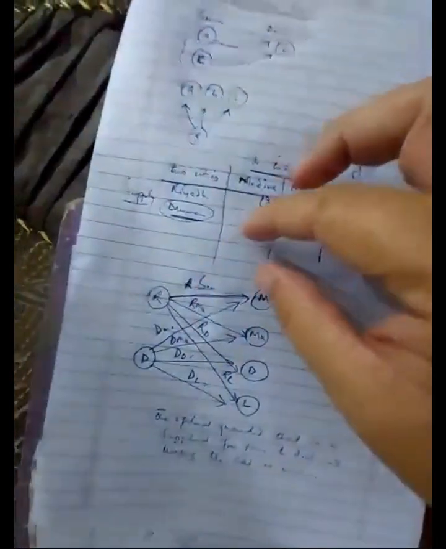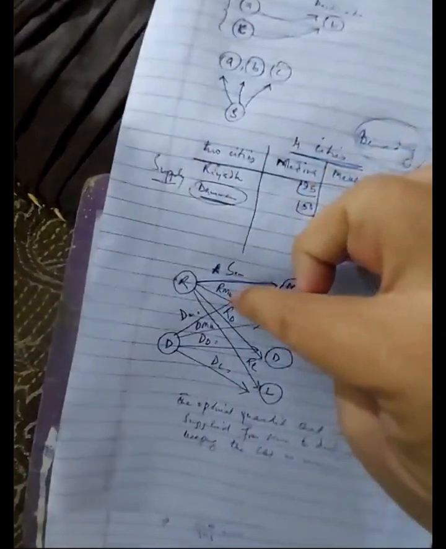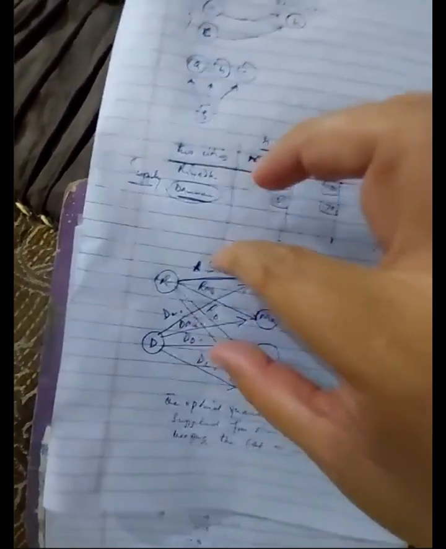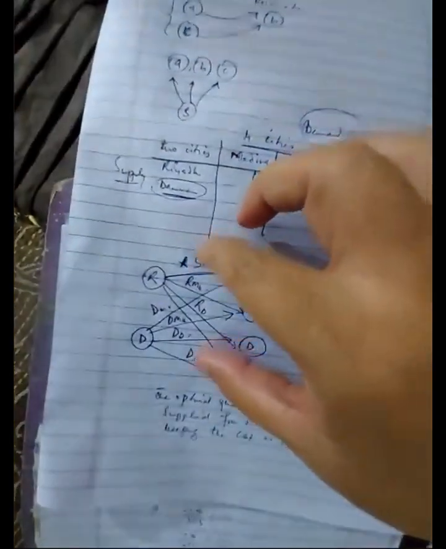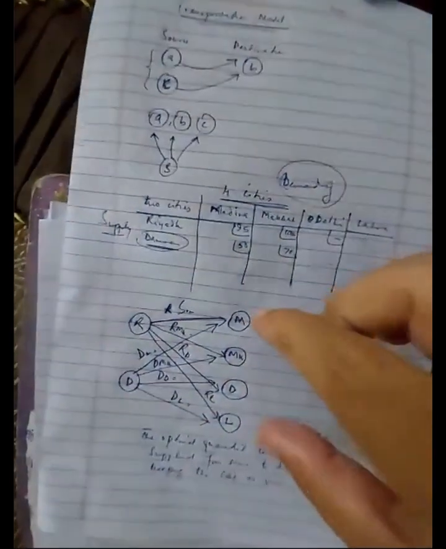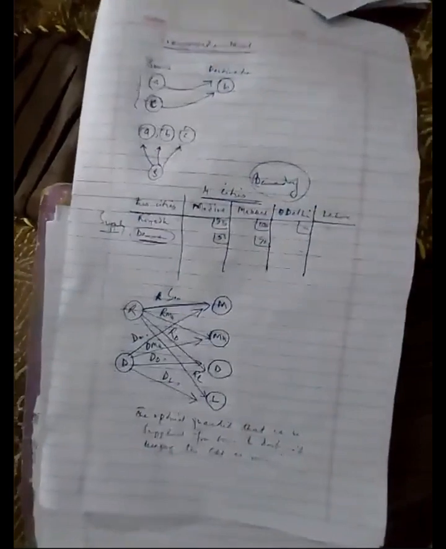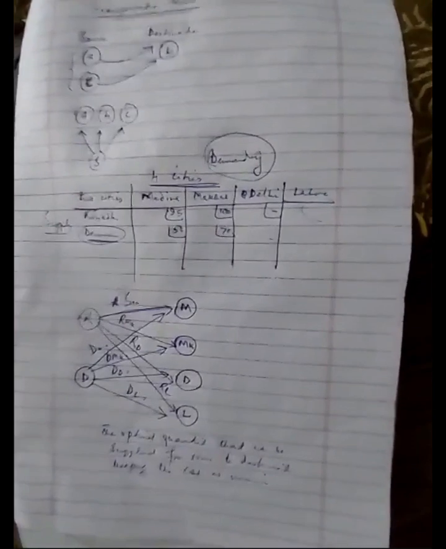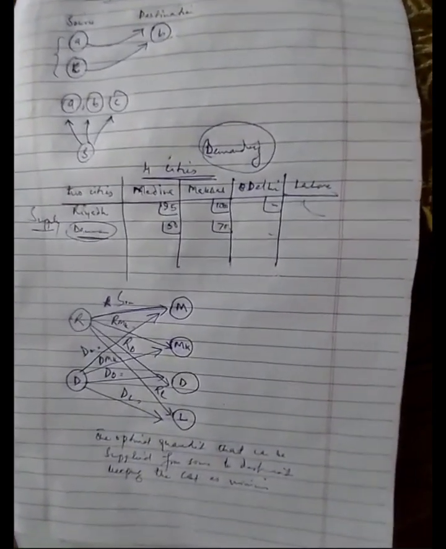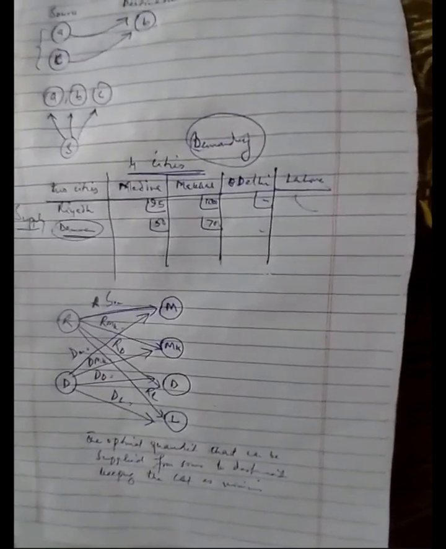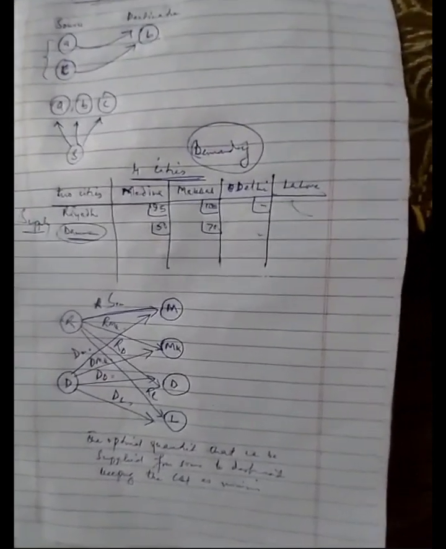Now, what we want to do is find the exact quantities of RM, RMK, RD, DM, and the rest. These are the objective decision variables. We want to find these decision variables in order to make the cost of transportation minimum. Now I will go to a problem in the Taha book, and I will form a network.